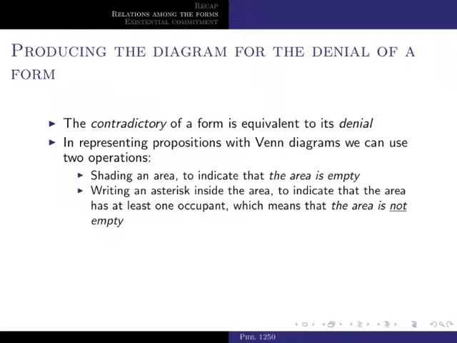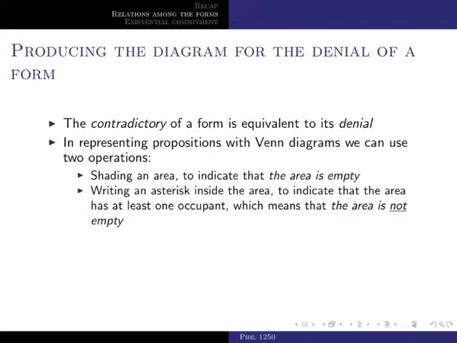Well, as you can see, "not all dogs are fierce" and "some dogs are not fierce" are completely interchangeable. They are equivalent, that is, they are true in exactly the same situations. So in general, "not all S are P" is equivalent to "some S are not P," and the same goes for all the other forms.